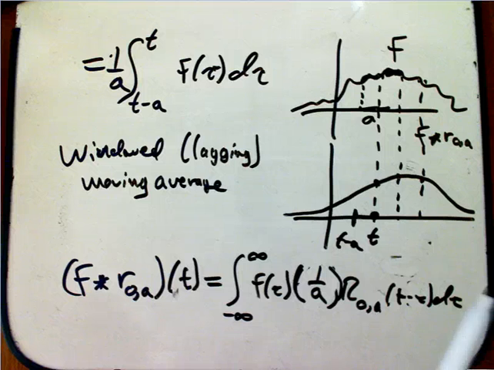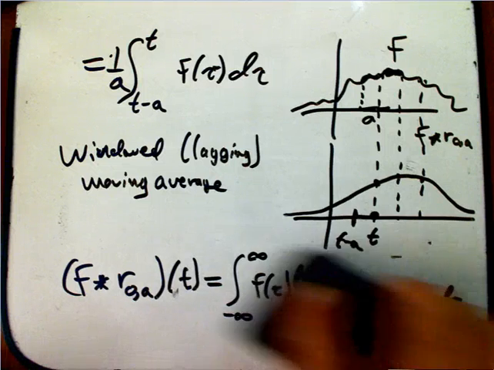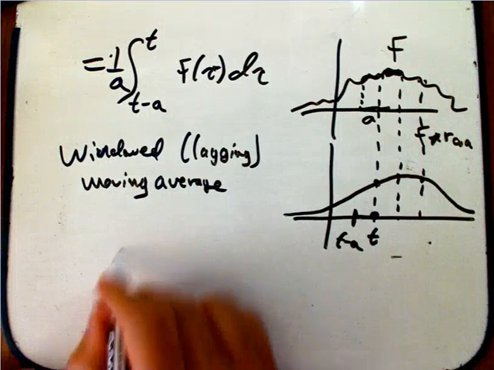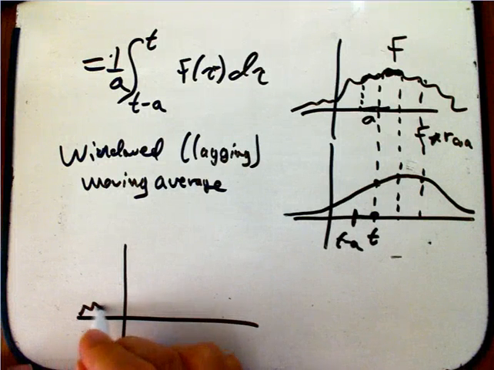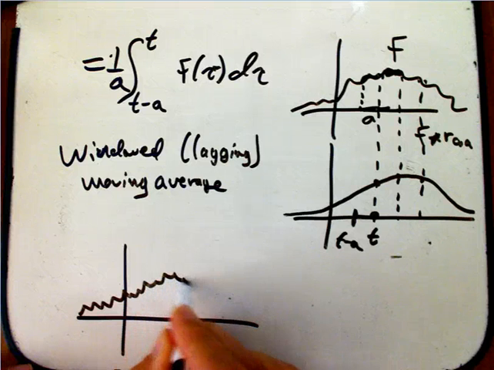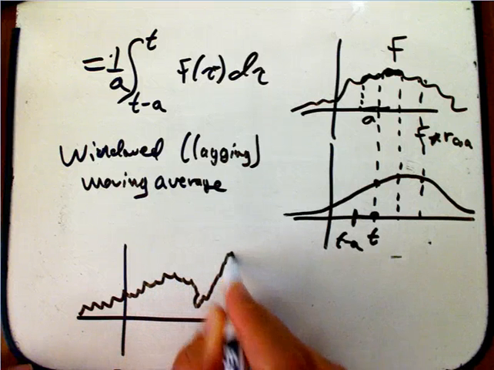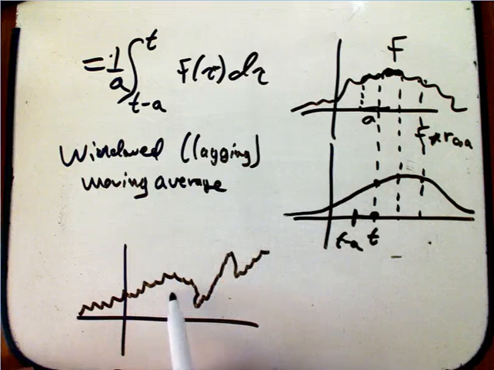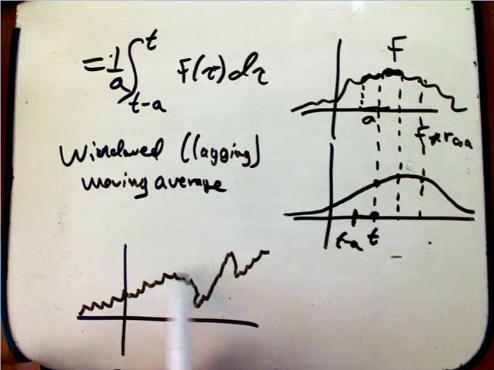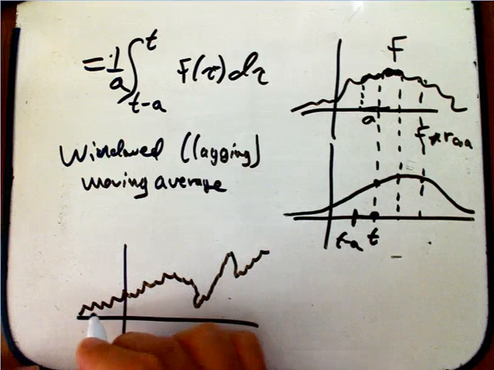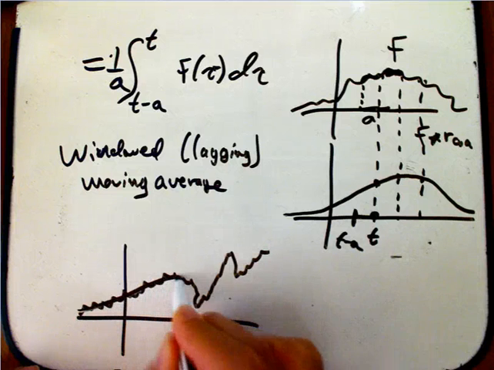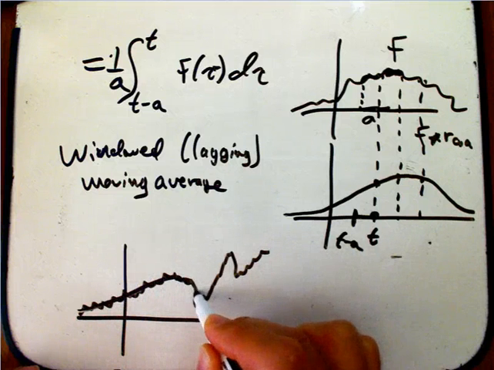Okay. And as I point out in the text, this is exactly what you'd do in a financial situation. If you have a super jagged function like the stock market, crash, crash, and you want to ignore some of the day-to-day variation, you would replace that with a moving average, and it's almost certainly going to be one of these lagging guys because you can't see into the future.